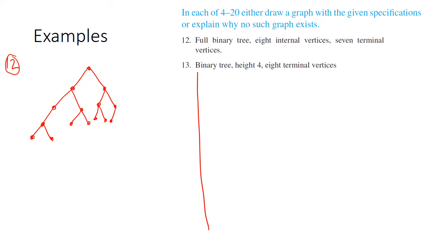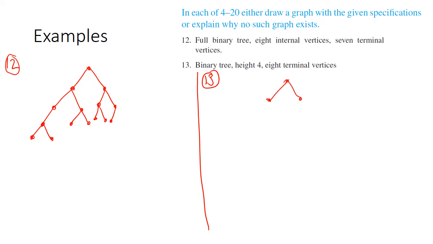And then 13, binary tree, height 4, 8 terminal vertices. Okay, so let's see if we can do it. I think if I just do the same one as the last one, but put 1 extra terminal vertex on, I think that will do it.